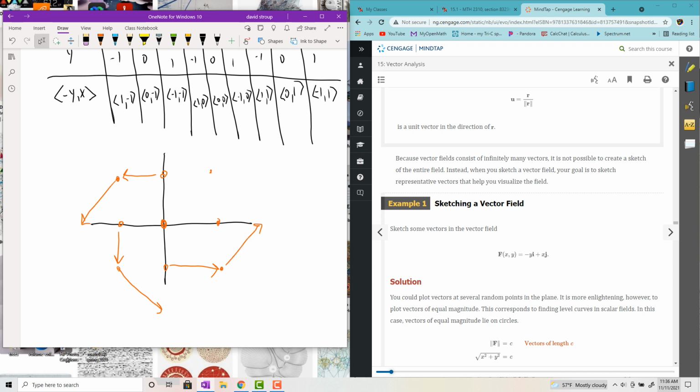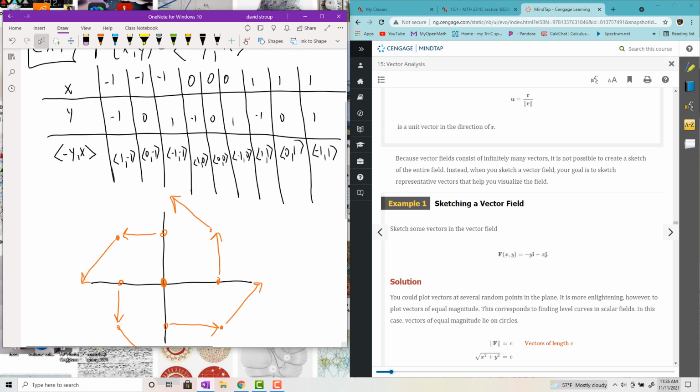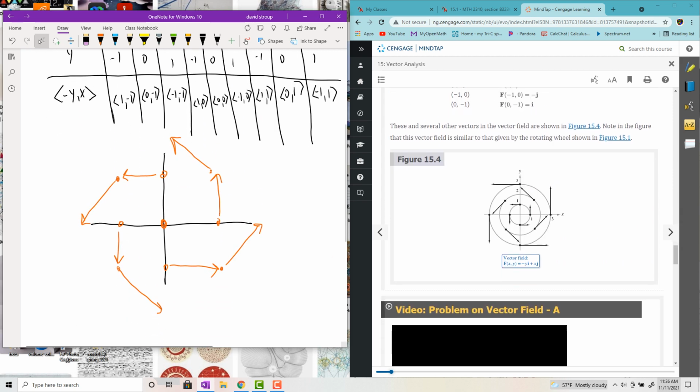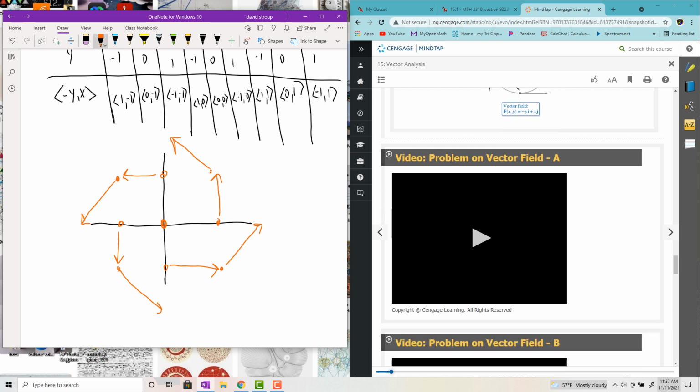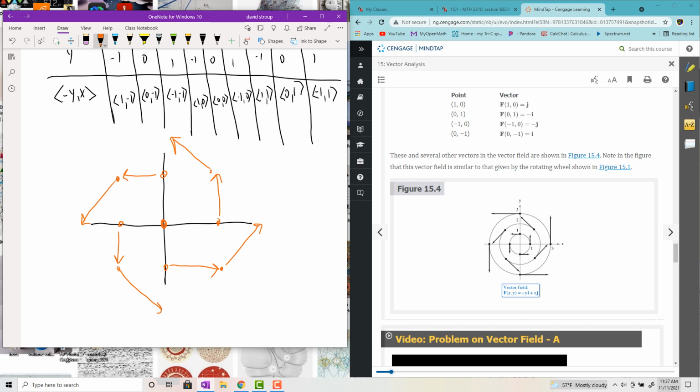At 1, 0, I don't move and then go up 1. And at 1, 1, I have left 1, up 1. So you get this rotational looking picture. The book does more points, and you can see it's a circular figure. You could think of this as a wheel rotating and at any point giving you the velocity.